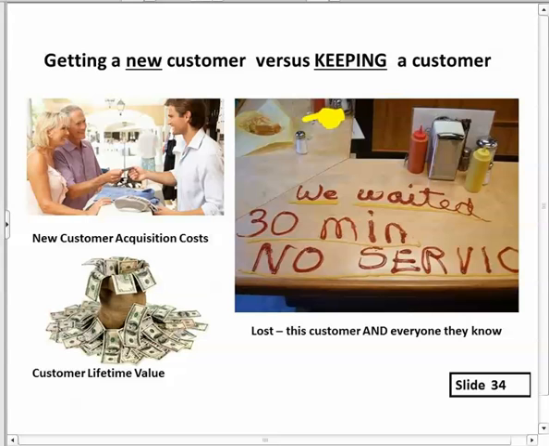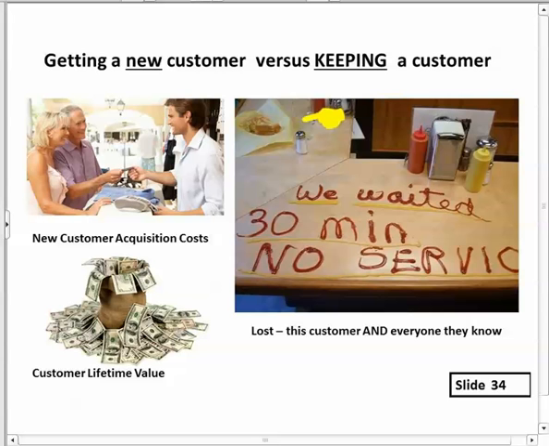How would you like to be the owner of that restaurant and have had your staff working in that restaurant that day and you were out, and you come back and you walk past the counter and you see that message. That message is going to be devastating to you, because you know there's nothing you can say to get that customer back. Once that customer's walked out the door, they're gone, and they're never going to come back to you.